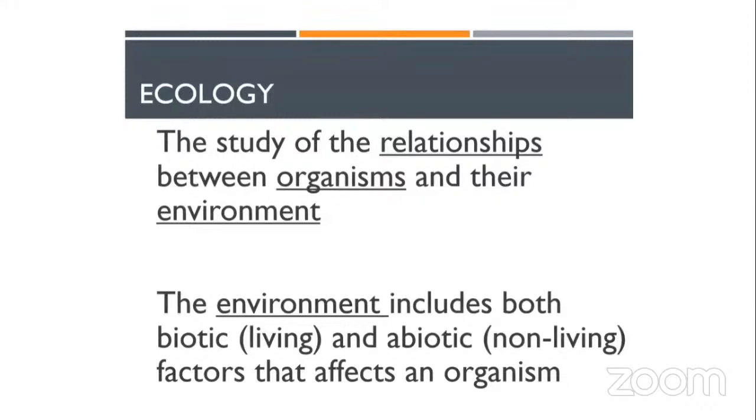And when we say environment, it consists of biotic as well as abiotic factors, which are living and non-living. So that includes both biotic and abiotic factors that affect an organism.